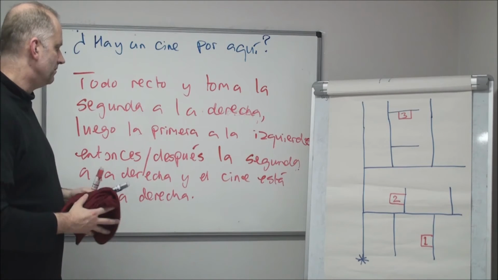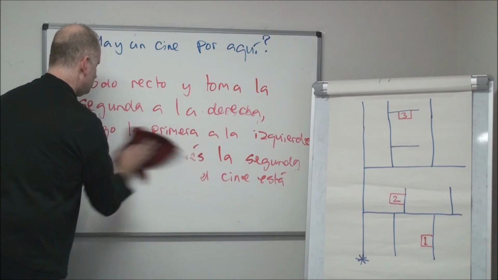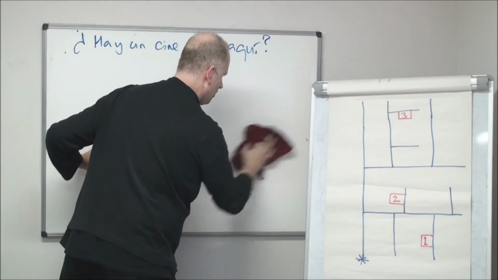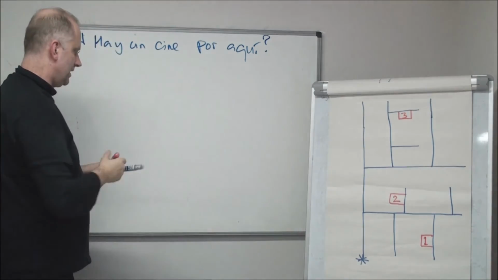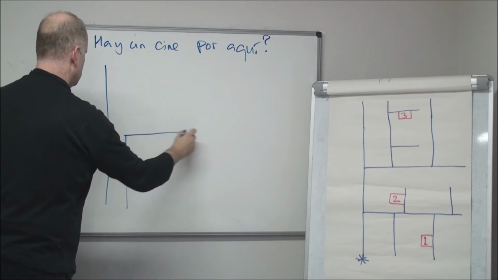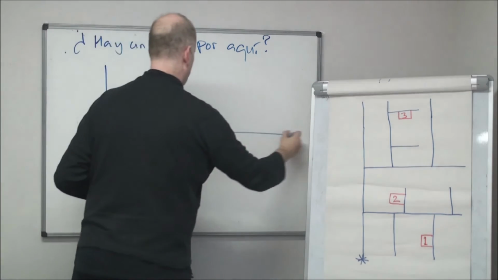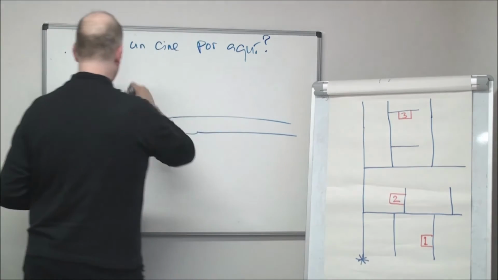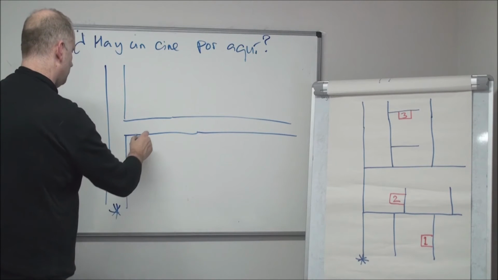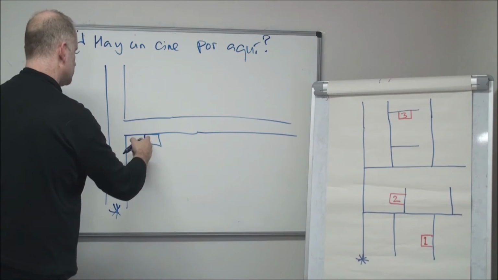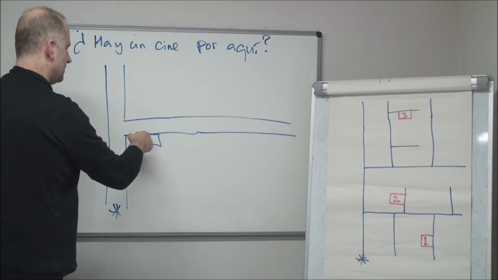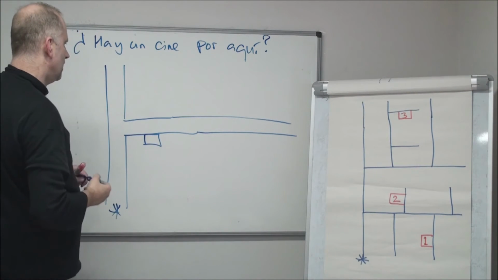Another thing you may find is that if you turn into a road, you might have a road like this. If you start here and the place you're looking for is here, you might go straight on, take the first right, and then the cinema is on the right.